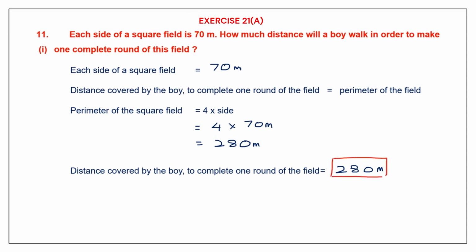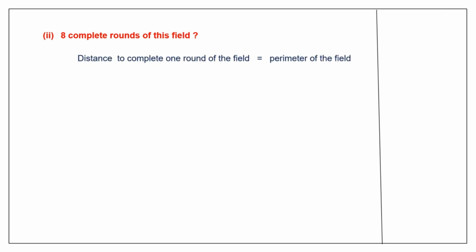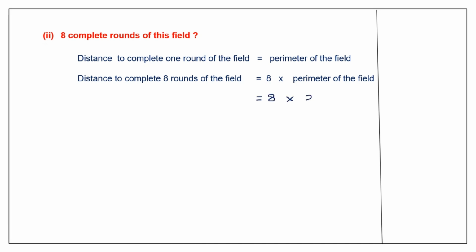So now we'll move on to the next question. Question 2. Now we need to find the distance covered by the boy to complete 8 rounds of this field. So distance to complete one round of the field is the perimeter of the field, isn't it? So distance to complete 8 rounds will be 8 into perimeter. We found the perimeter to be 280 meters.